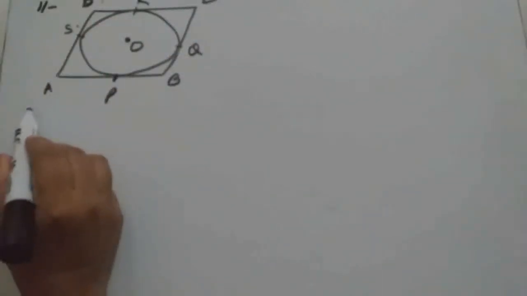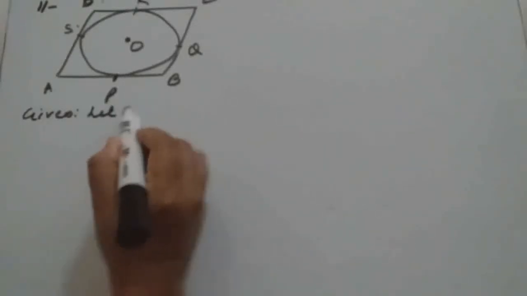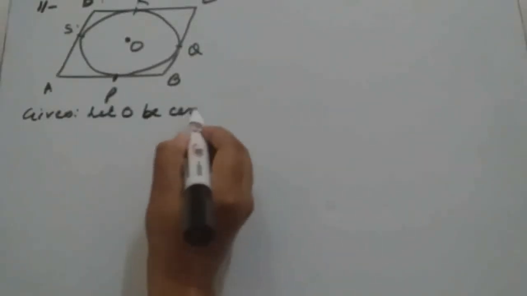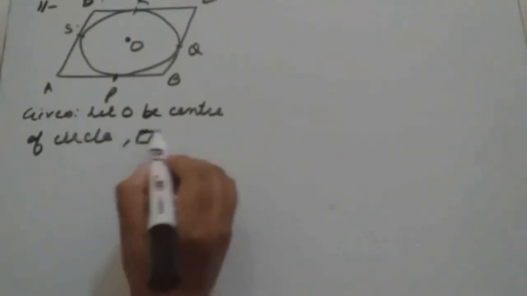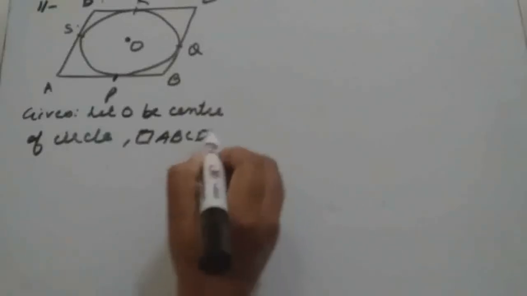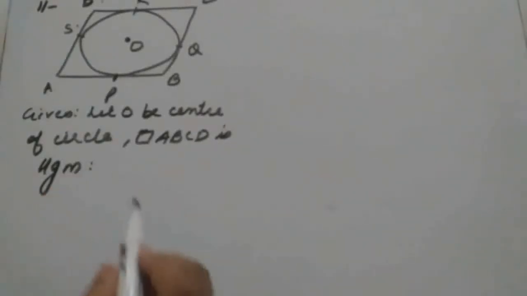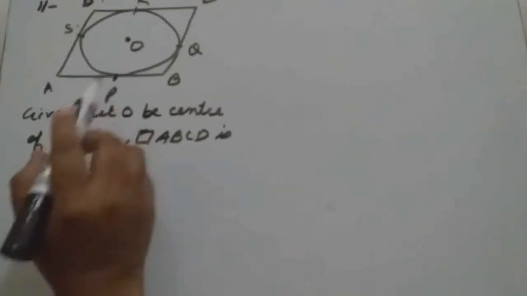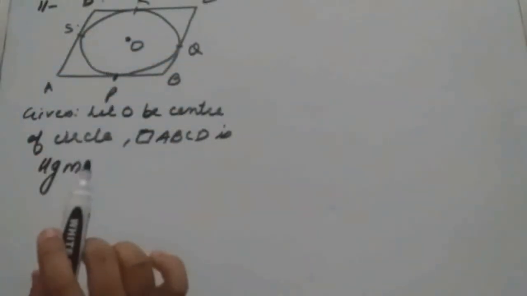Now given, let O be the center of the circle and quadrilateral ABCD is a parallelogram, that is also given. So if it is a parallelogram, ABCD holds all its properties, that means opposite sides are equal, like this.